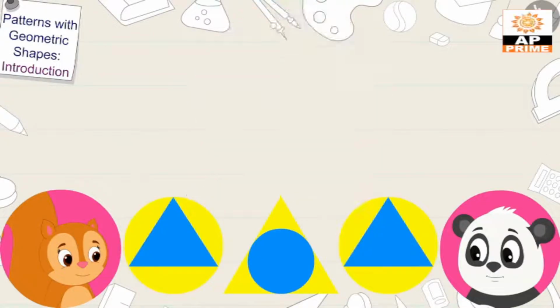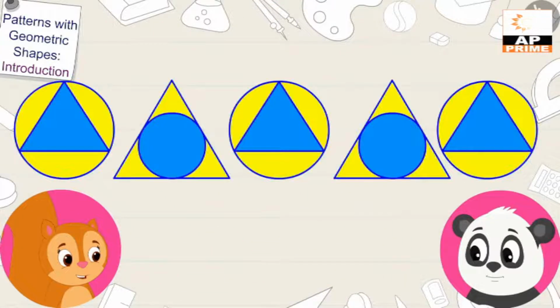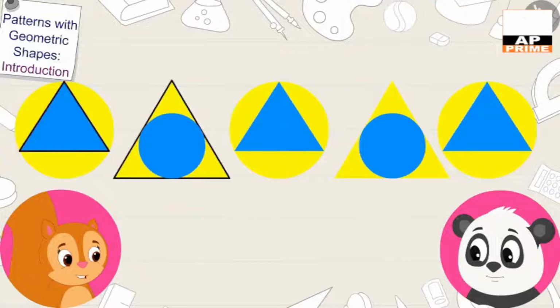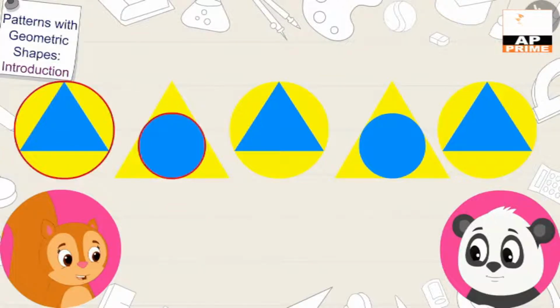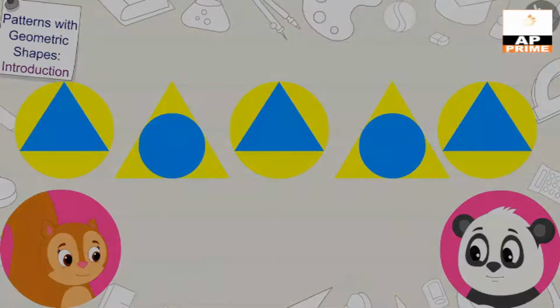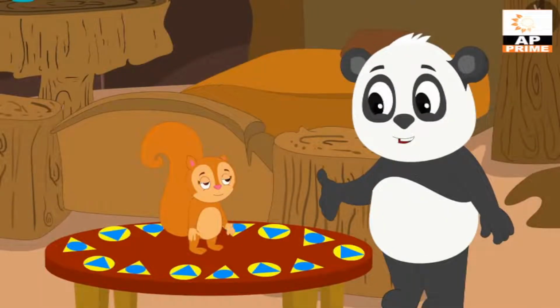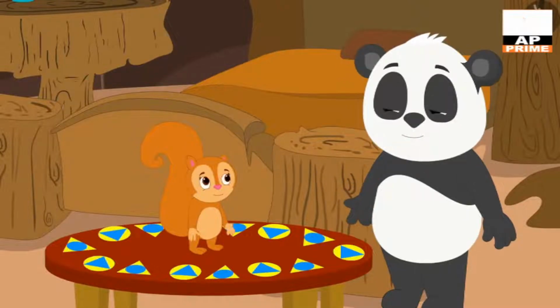In this pattern, every time Uncle used the rule to draw the inside shape outside the previous mark and the outside shape inside the next mark. Good. Now I understand. Golu said to Chanda.